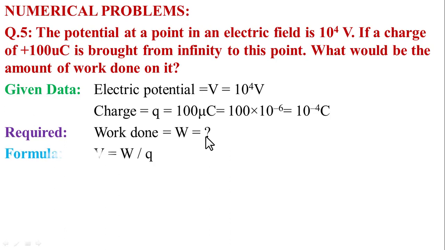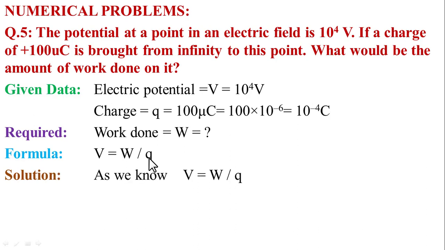Using the formula, we know that work is equal to Q multiplied by V. Here we can use V is equal to W upon Q, so rearrange and find the value of W. As we know that potential difference is equal to work per unit charge, so we can find the work. We will write W is equal to QV.